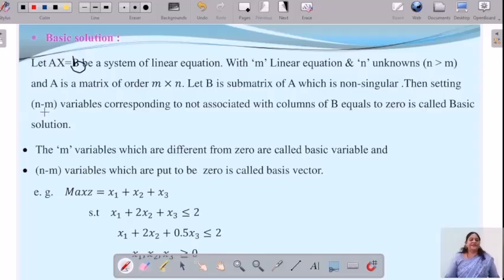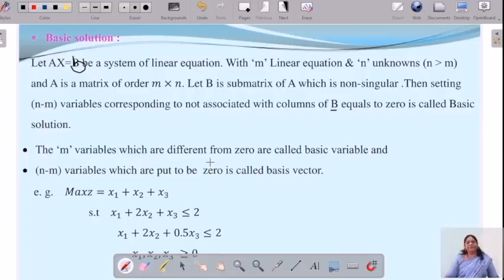Then we set the n minus m variables not associated with the columns of B equal to 0, and find the solution, which is called the basic solution.